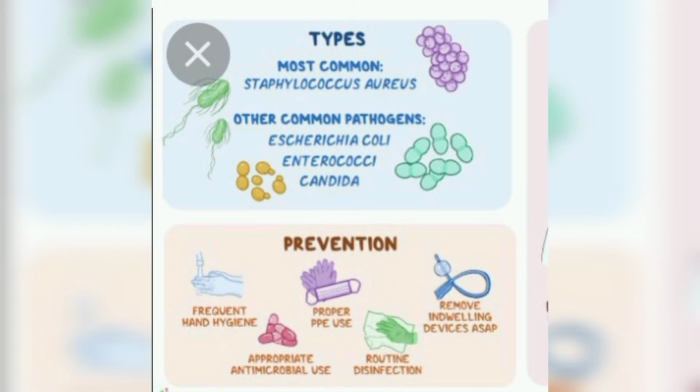If you follow these strategies, we can definitely reduce the incidence of nosocomial infections in the hospital. So maximum hand washing, use of personal protective equipment, early removal of invasive lines if not required, and proper antibiotic usage and disinfection.